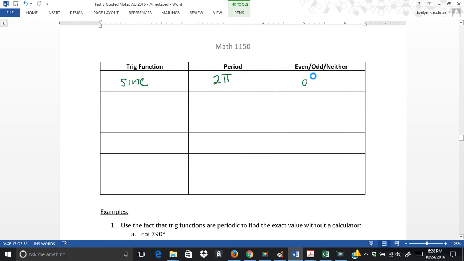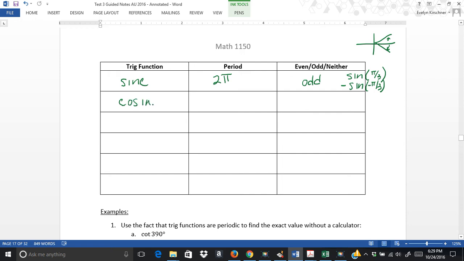And it is an odd function because sine of pi over 3 is the negative of sine of negative pi over 3. Think about it: sine is positive here and negative here. This is pi over 3, this is negative pi over 3, so they're negatives of each other.